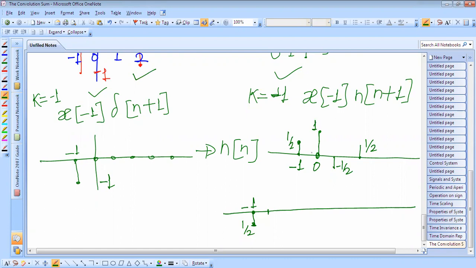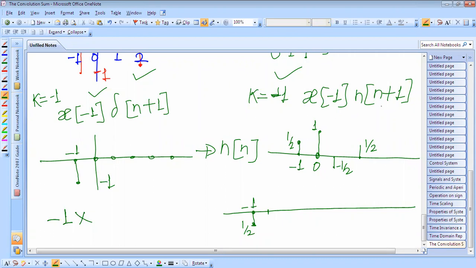So 0 is added with 1, and what is the value of x of minus 1? It is minus 1. X of minus 1 is minus 1 into h of n plus 1.